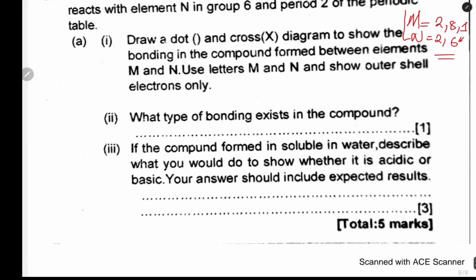Since this is ionic bonding, we are going to have M, the outermost shell. Let me just write the outermost shell, which is M. So the outermost shell is going to remain 8. I'm going to use a cross for this one. Then I'll put it in brackets with a positive charge.